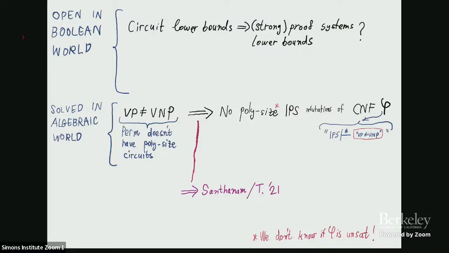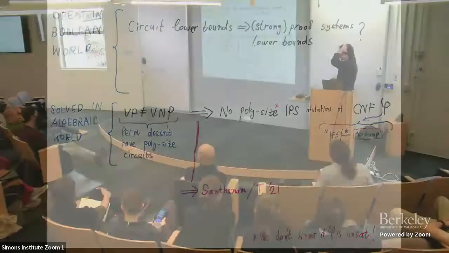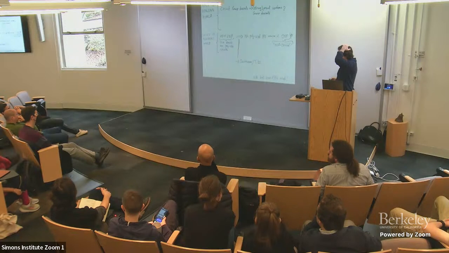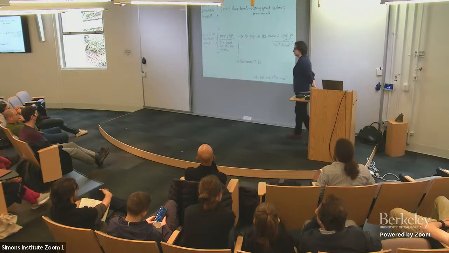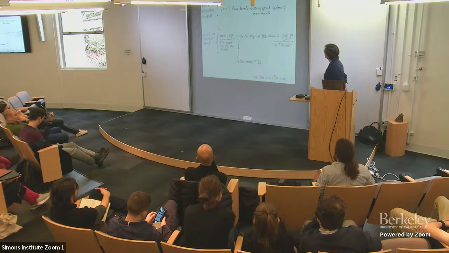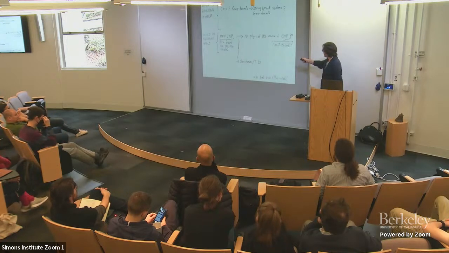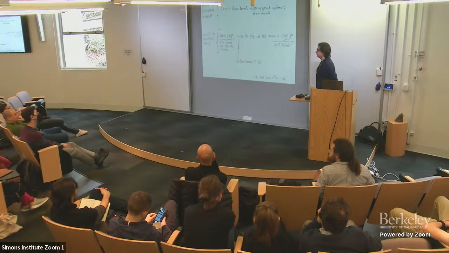Well, I mean, if VP is equal to VNP, it clearly can't have a proof, right? No, that's not the point. Is it in a stronger sense that you don't know phi?